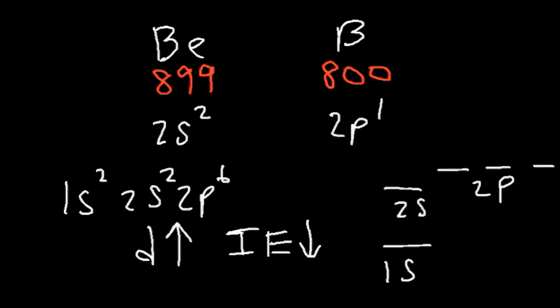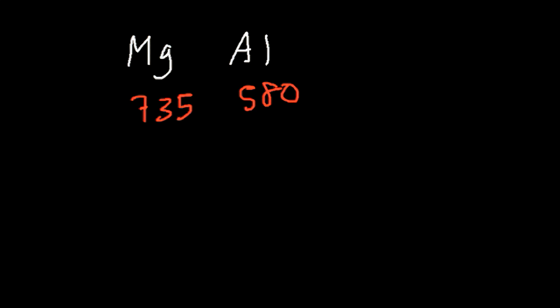The same is true from magnesium to aluminum. As you go from the s2 level to the first p level, there's a temporary decrease, even from calcium to gallium. So from magnesium to aluminum, it changes from 735 to 580, which is pretty significant.